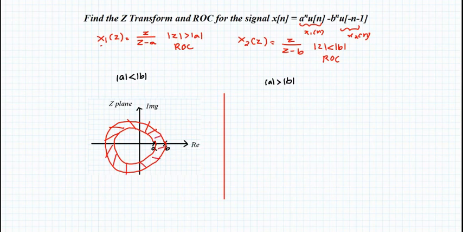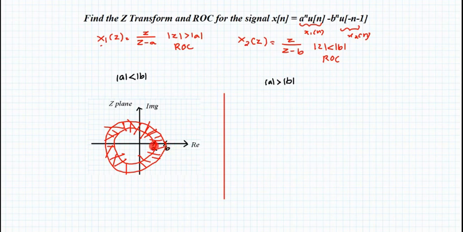And the second case, it is given modulus of z less than b. So again this is the point b and less than b means interior. So one is exterior and the other one is interior to the circle. One is greater than a, the other one is less than b. So you can see that there is a common area, and the common area is from a to b.